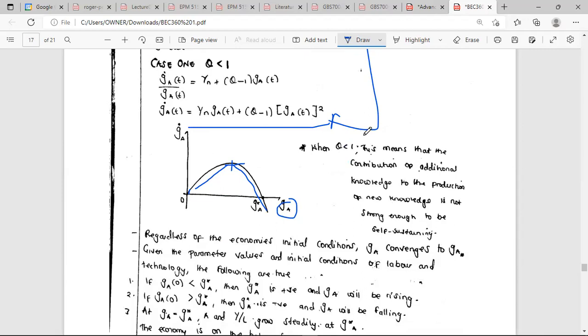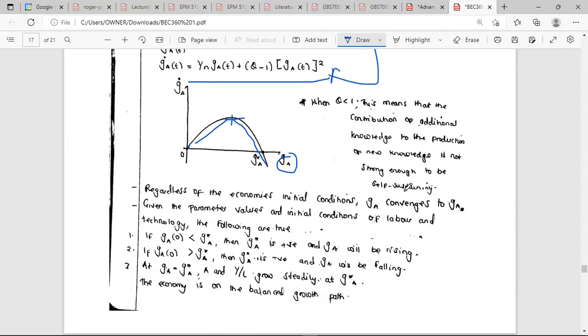So this is less than 0, so it's negative. Like I said earlier on, that means your contribution is not really having anything, because you're not contributing anything to the economy when alpha is less than 0.